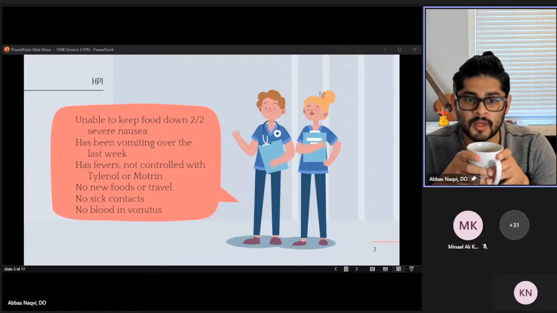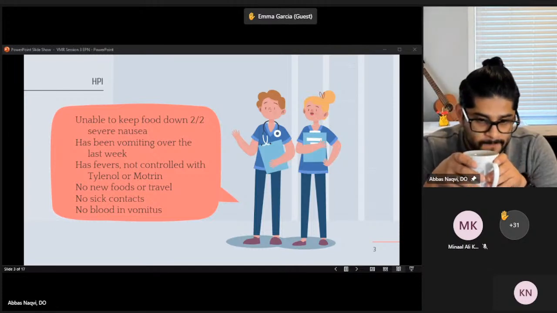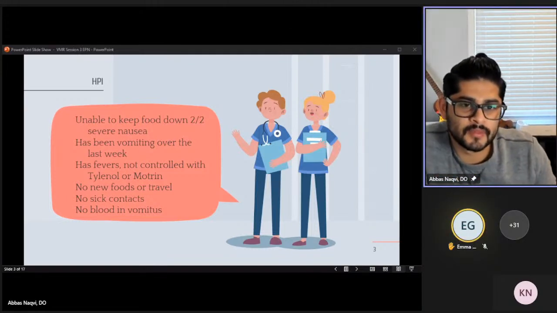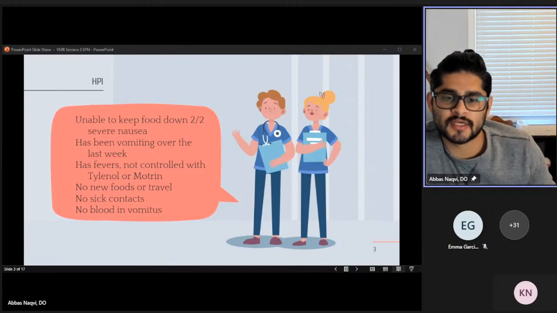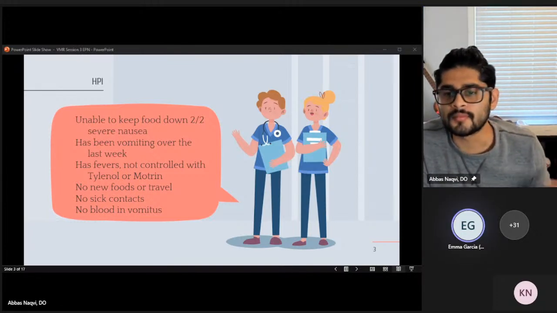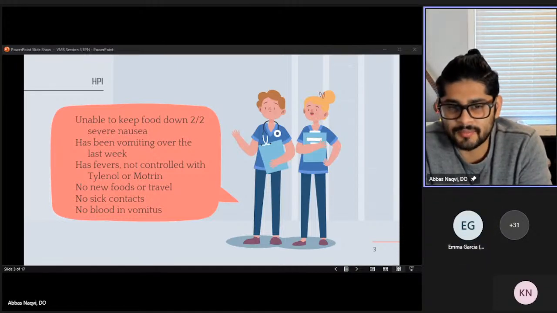Other potential differentials, Emma? I know this was already said before, but pancreatitis can cause nausea and vomiting. Yeah. So can you explain what pancreatitis is? It's just inflammation of the pancreas, correct? Yes. And how does that usually happen?